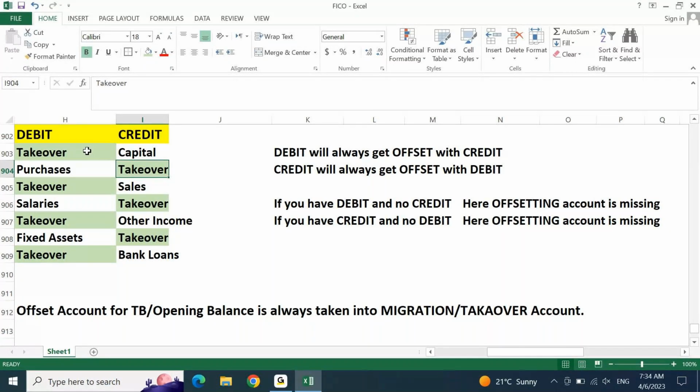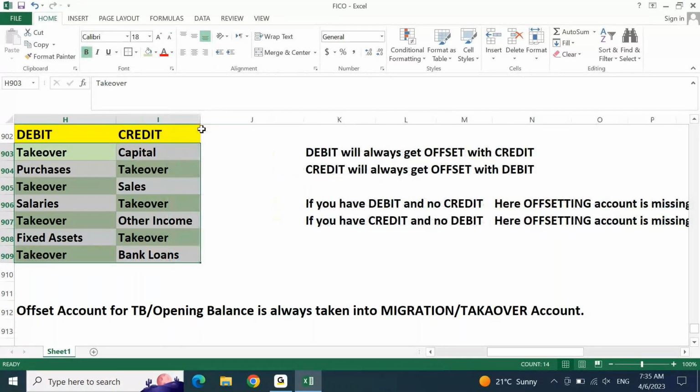Your trial balance will tell you one side of the entry, debit or credit. Every line of your trial balance will have a missing debit or a missing credit, like we have highlighted here. Clear? Now this missing debit or missing credit is filled up with one account called takeover account or migration account.